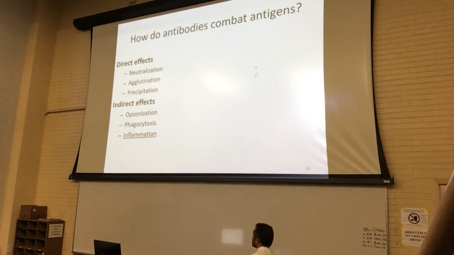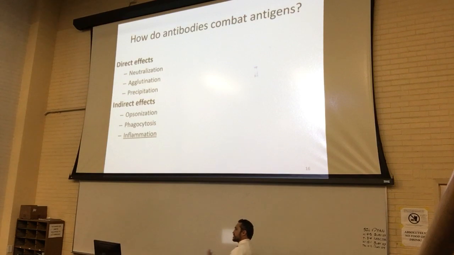And then precipitation means that if it's soluble, you bring it out of solution. So you make it precipitate out. And if it precipitates out and becomes a solid, it's harder for it to float around the body. Does that make sense? If it goes into solution and stays unprecipitated, then it can disperse throughout the entire body.